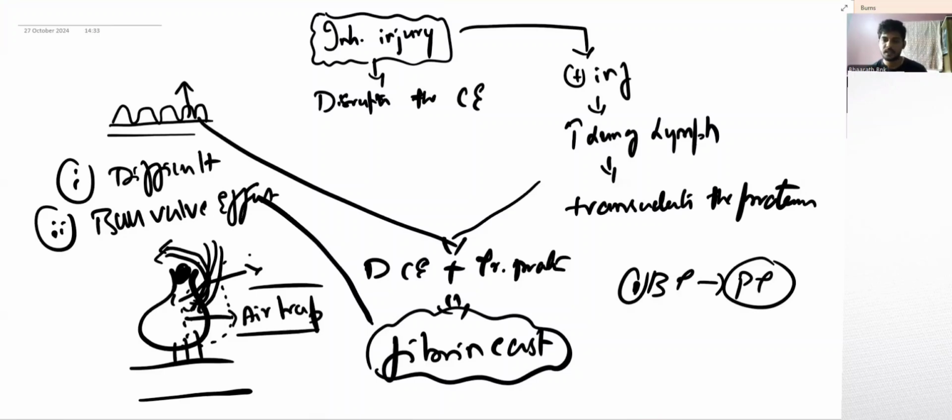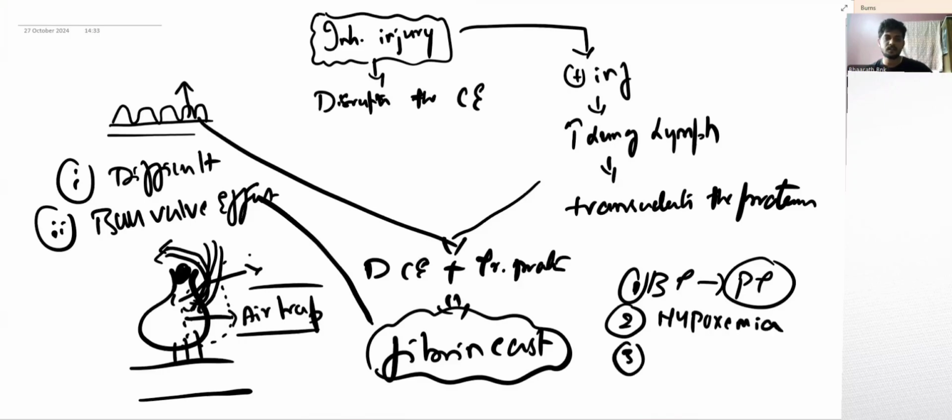This is the first. Second, this air is not good because there is only a quantity of air present inside the alveolus, but it cannot diffuse. Whatever oxygen is there will be taken by the blood, but new air cannot come inside. That is why the blood that flows through there cannot get oxygenated. So even though there is a quantity of air, there is no oxygen, which leads to hypoxemia, less oxygen in the blood.